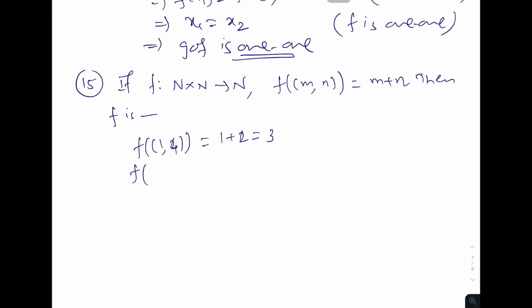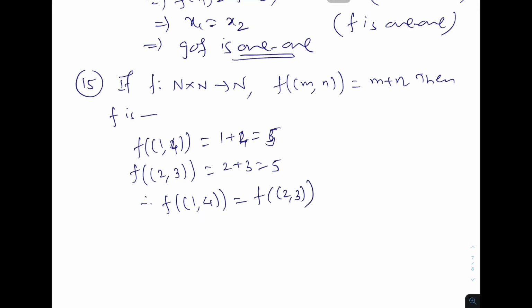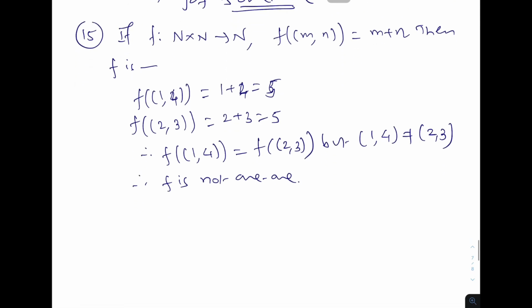Even like this, F of (1, 4) equal to 1 plus 4 equal to 5, and F of (2, 3) is 2 plus 3 equal to 5, so F of (1, 4) is equal to F of (2, 3), but (1, 4) is not equal to (2, 3), and therefore F is not one-one.